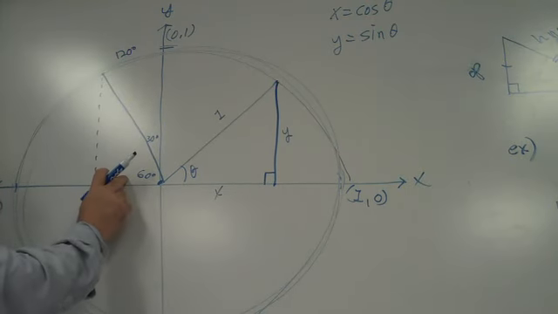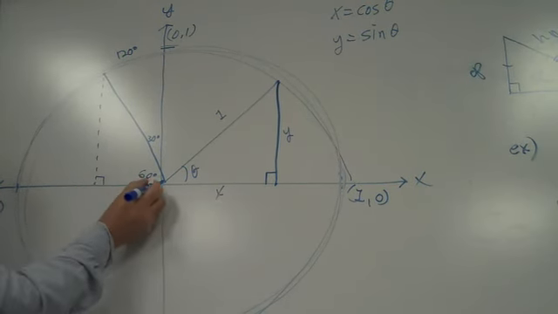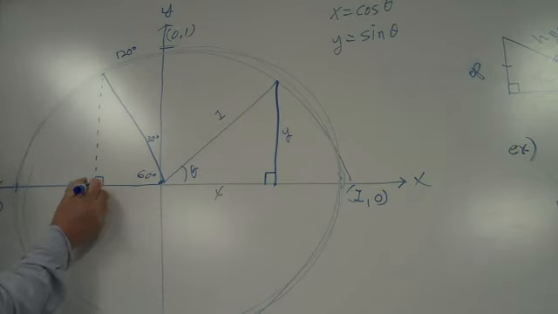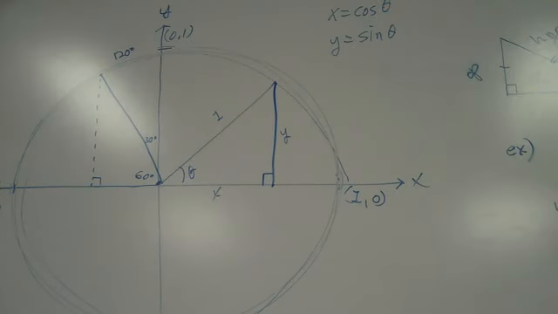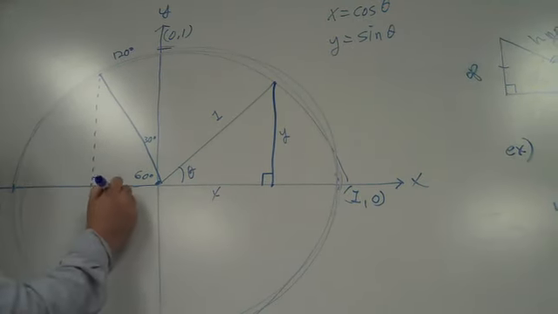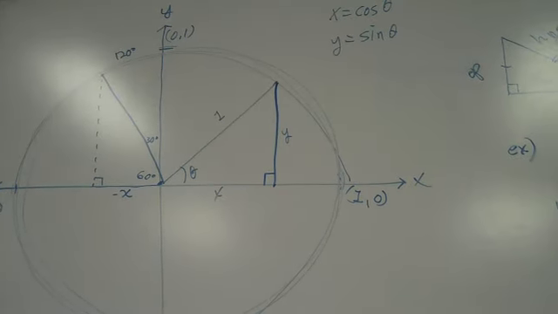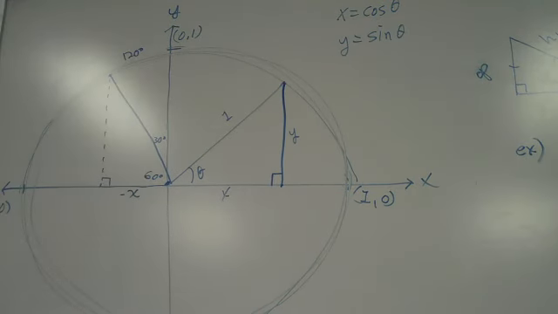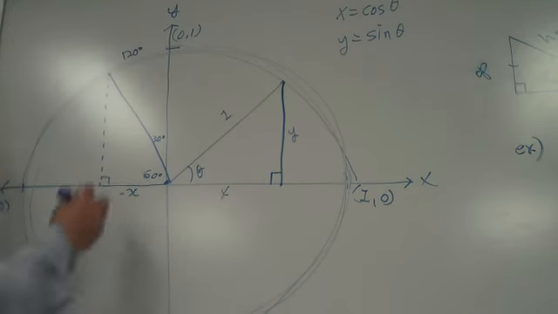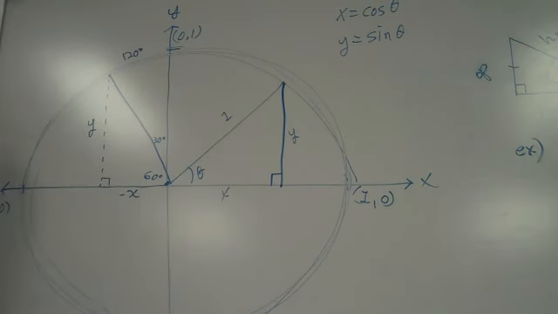Now, this x length here, is it positive or negative? Negative. If you go to the left on the Cartesian coordinate plane, x is negative. If you go up on the Cartesian coordinate plane, what is y? Positive. Thank you, Saul. Right. So we have y being positive.